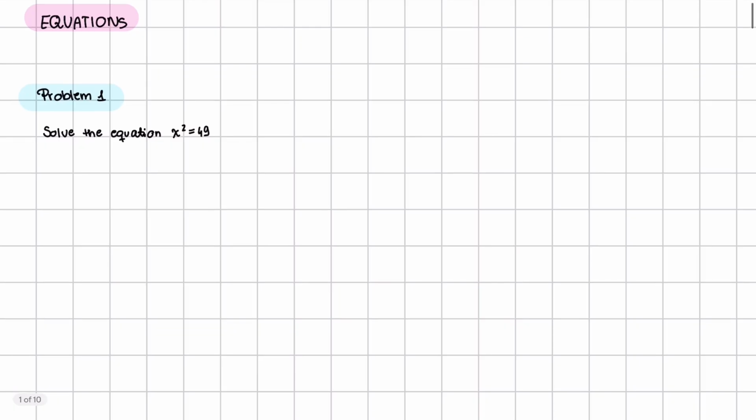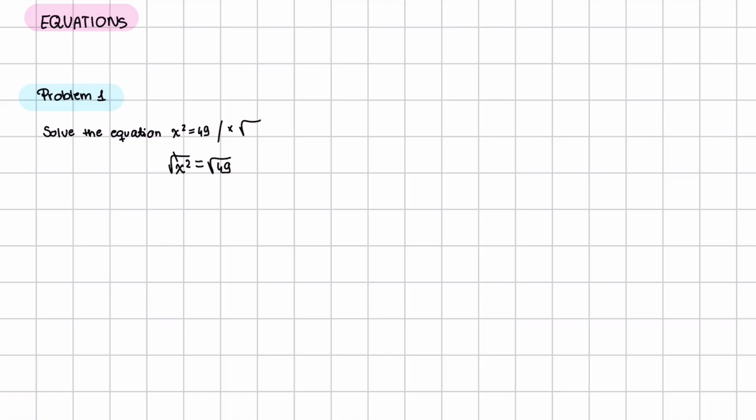So x squared equals 49. We have to take just the square root of both sides. So we multiply both sides by square root, and we can rewrite it like this.